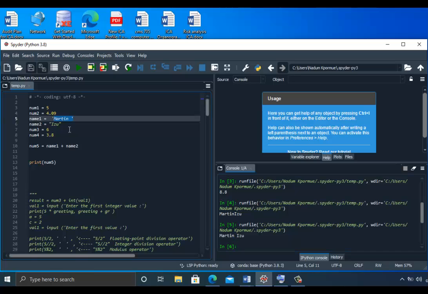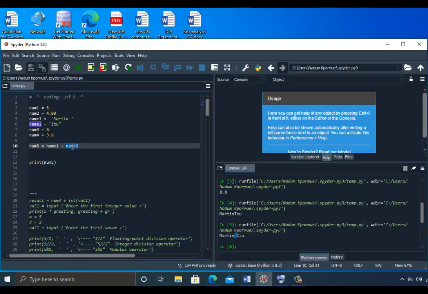Now this space you find in between Martin and izu is this space you will find on line 5, after n. So these are some of the things that we need to note about the mathematic addition operator.